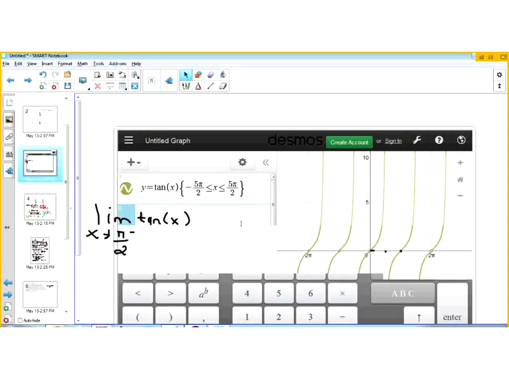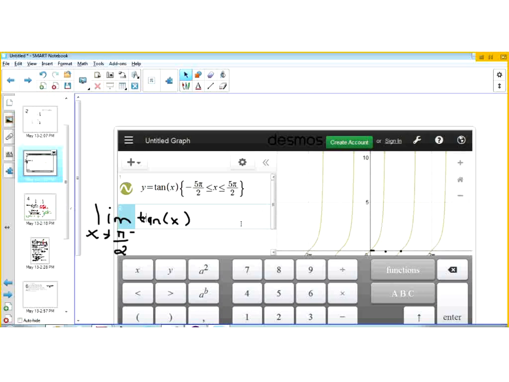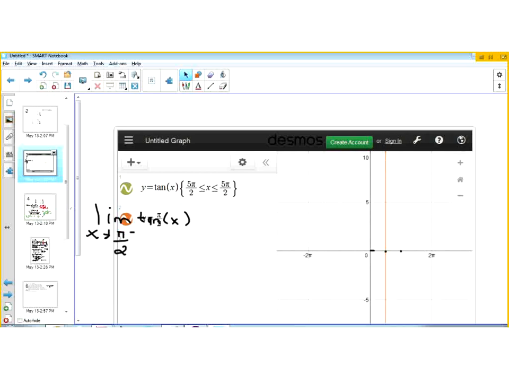Let me go ahead and plot x is equal to pi over 2. Oh, what happened? Typo. Let's put that back, x is equal to pi over 2. That would be shown in orange.